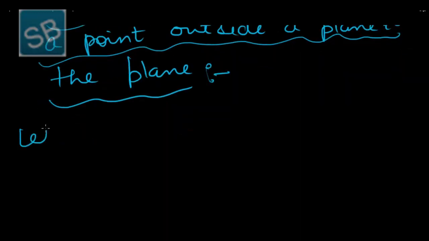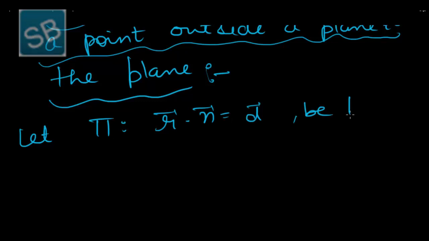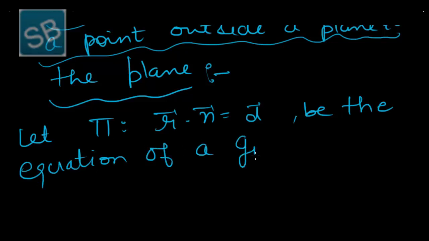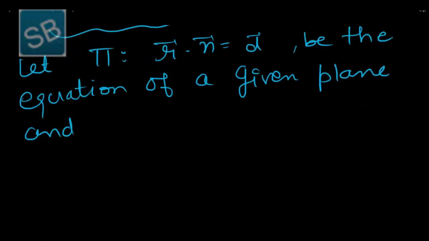Let pi, r dot n is equal to d, be the equation of a given plane, and as we mentioned, we have to find the perpendicular distance of a point lying outside from the plane.